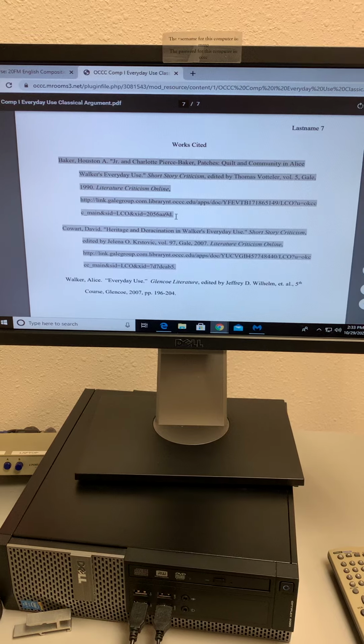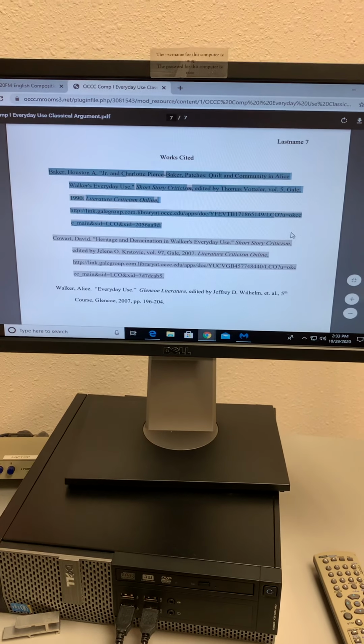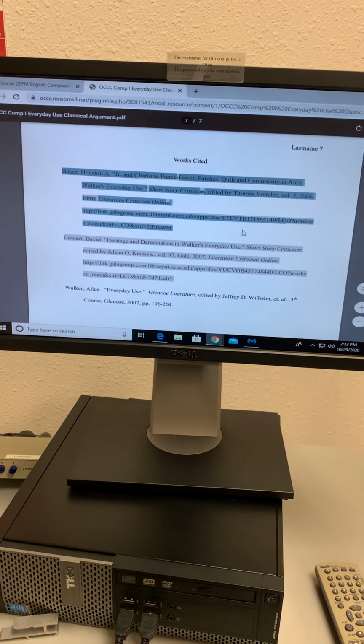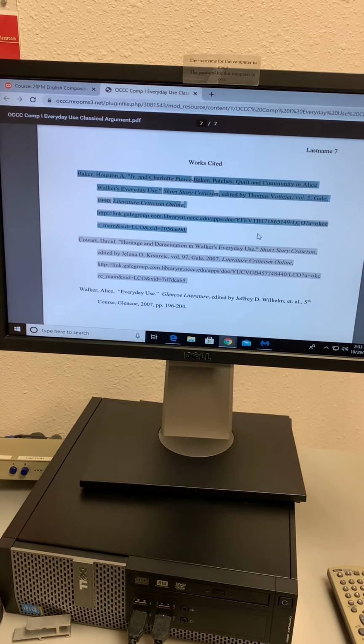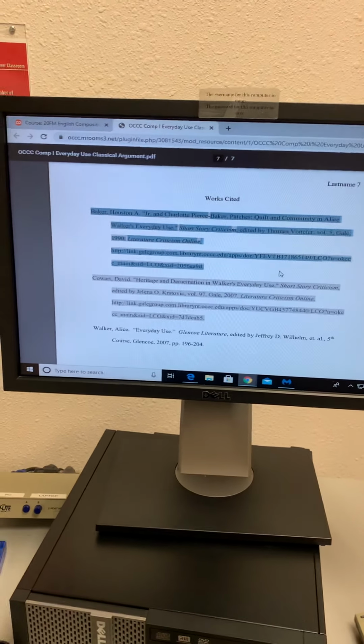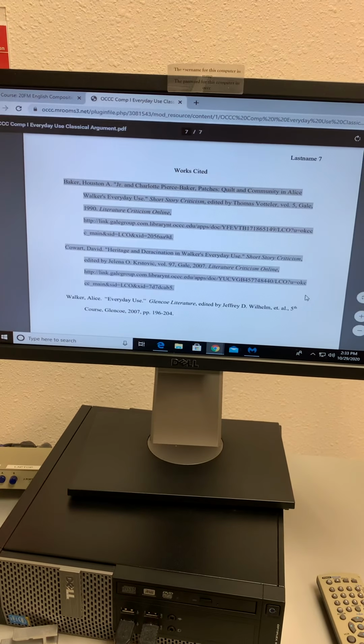So I found my first works cited entry from ENGL Literature Criticism Online. And just like EBSCOhost and CQ Researcher and Opposing Viewpoints, you can copy and paste the works cited entries directly to your works cited page.